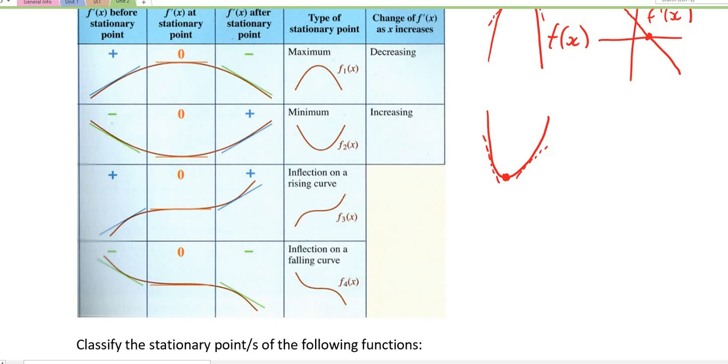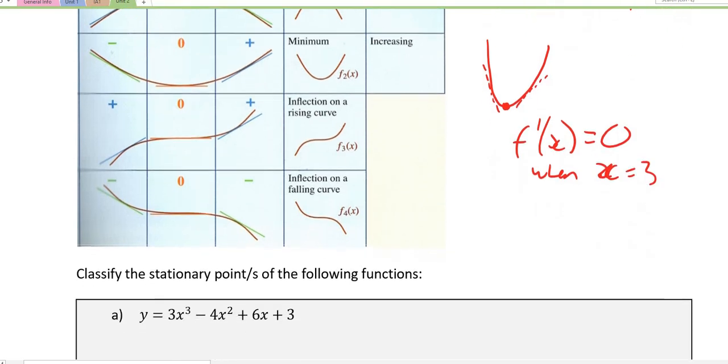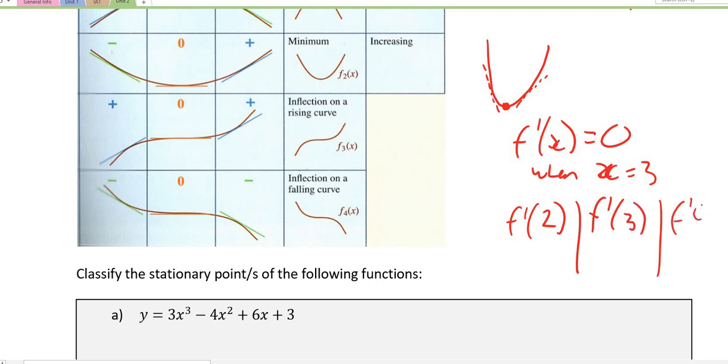So what we do basically is, let's say that f dash of x equals 0 when x equals 3. What you do is you go, okay, let's find f dash of 2, let's find it at 3, and let's find it at 4.